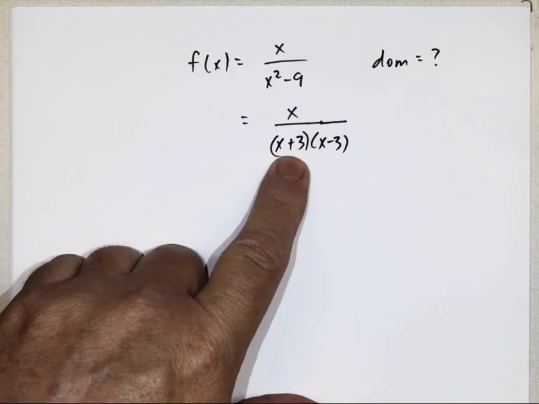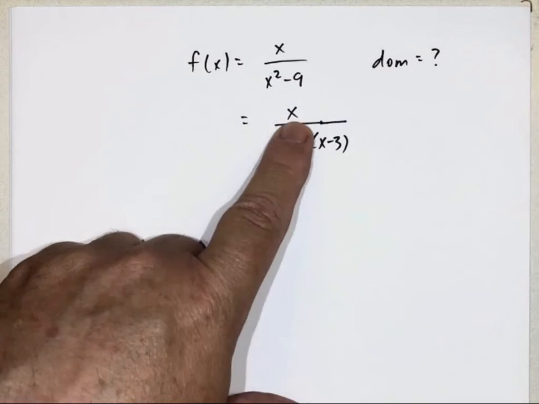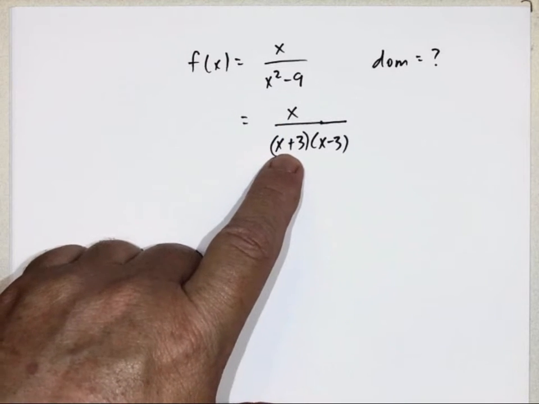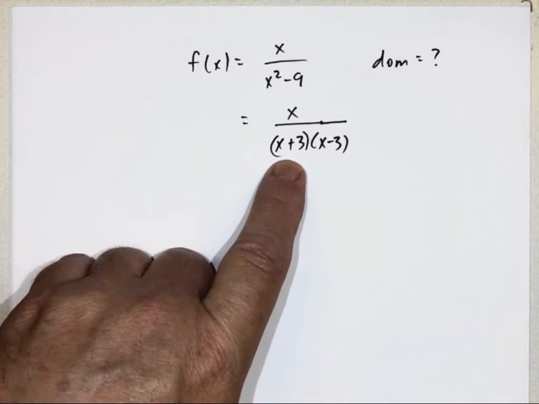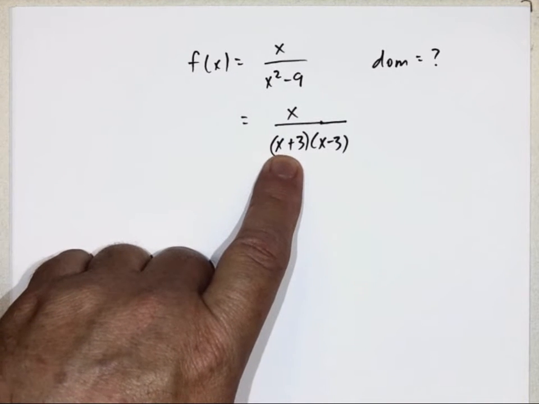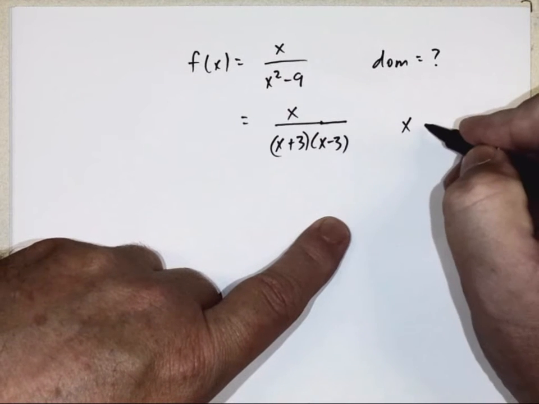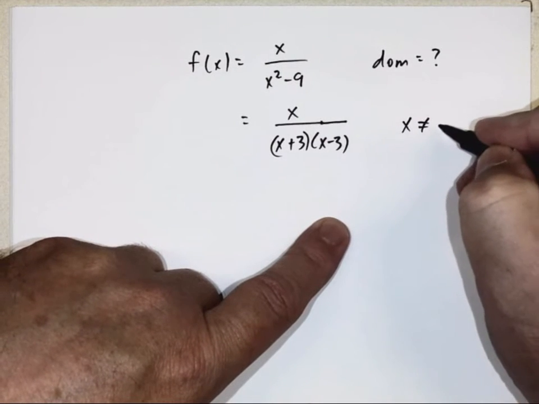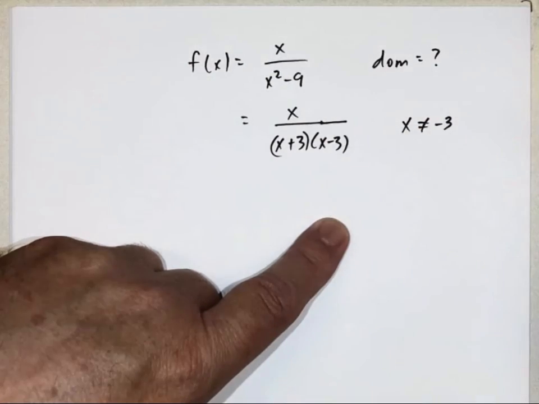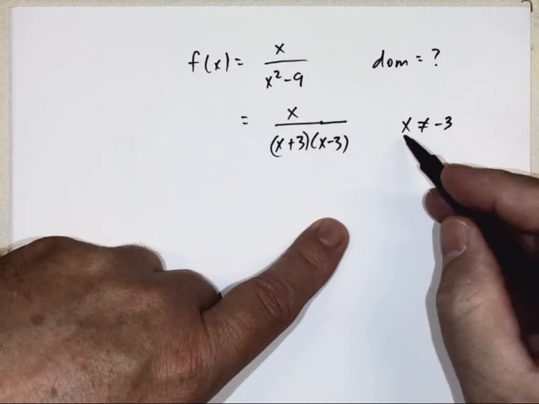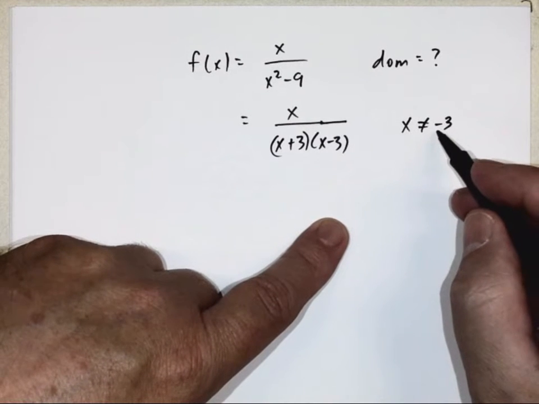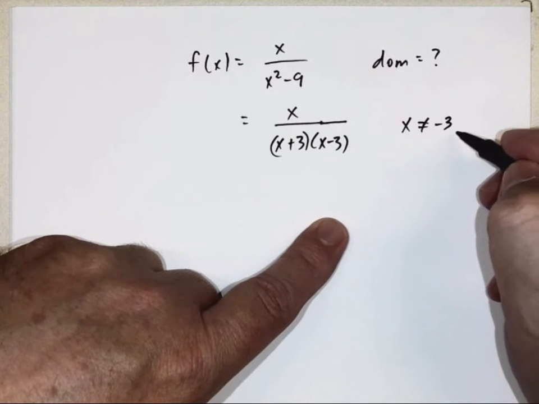If the first parenthesis equals 0, then the whole denominator is 0. What value of x would cause this first parenthesis to be 0? Negative 3 would, right? So I've got to say x can never equal negative 3.